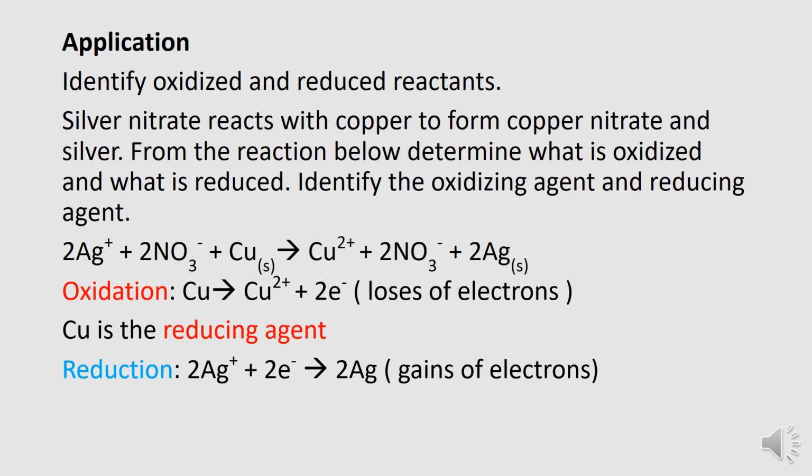That's why we say that 1 copper will lose 2 electrons. In this case, these 2 electrons need 2 silver ions to gain them, each one gaining 1 electron, and we get 2 silver solid. So what do we call silver ion here? Is it reducing agent or oxidizing agent? Sure, it is the oxidizing agent.